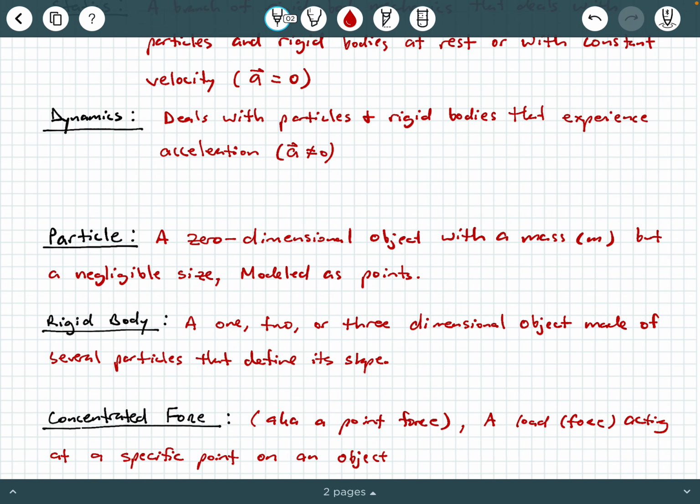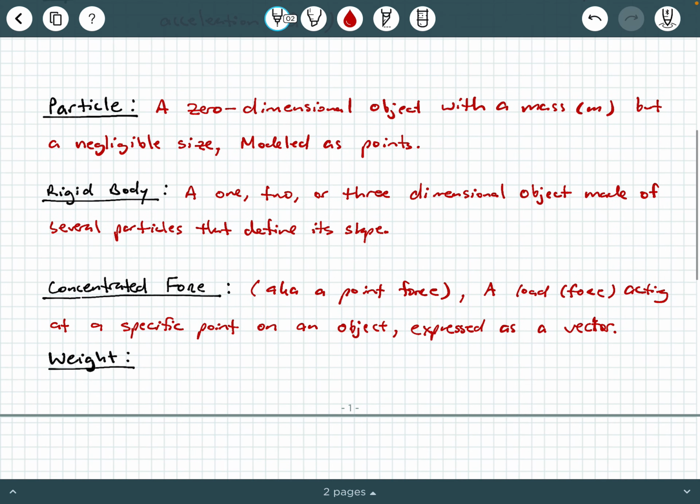And it's modeled as a vector, or expressed as a vector, and we're going to talk about vectors later on. So that's a concentrated force.